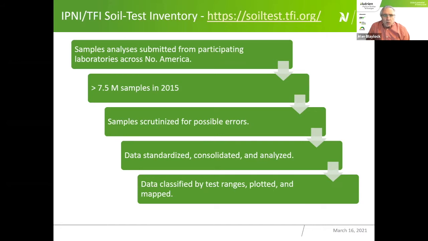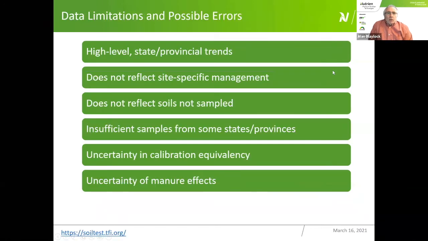Those data are scrutinized through and through for possible errors, and there are some potential error sources in such a survey. The data are then standardized, consolidated, and analyzed statistically, and then through the website the test ranges are classified, plotted, and can be mapped. So you can gather some information from this soil test data. Now, we need to consider the potential limitations.